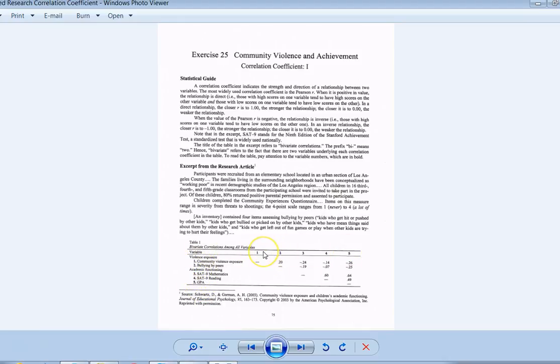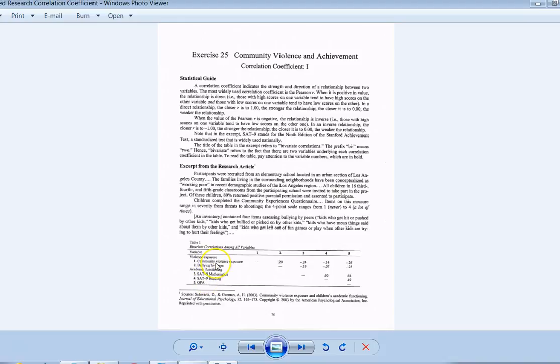You could, it just makes your table really big, but you could have just written in community violence exposure here, bullying by peers here, and so on. So when you're looking at this table, and hopefully you've printed it off or you have it on your computer so it's a little bit bigger than the way it is there, you look at the comparison.